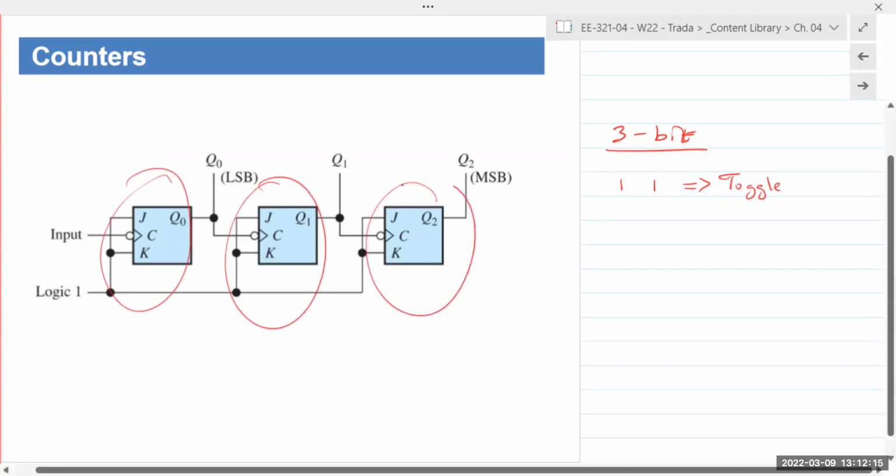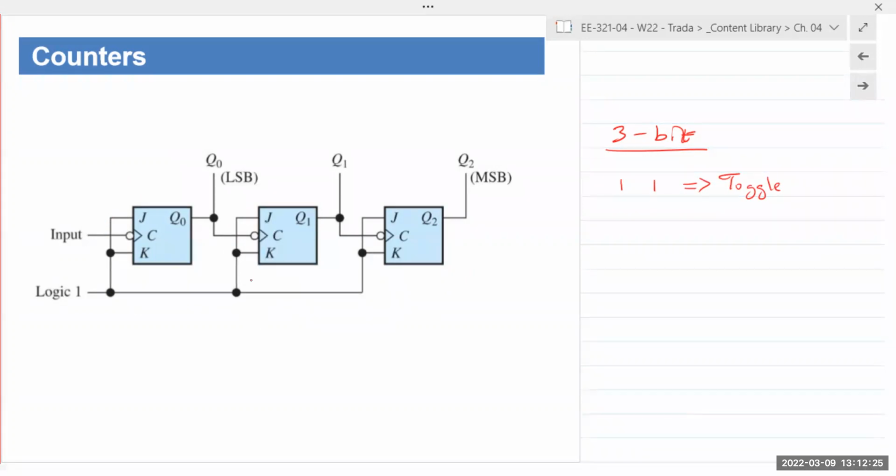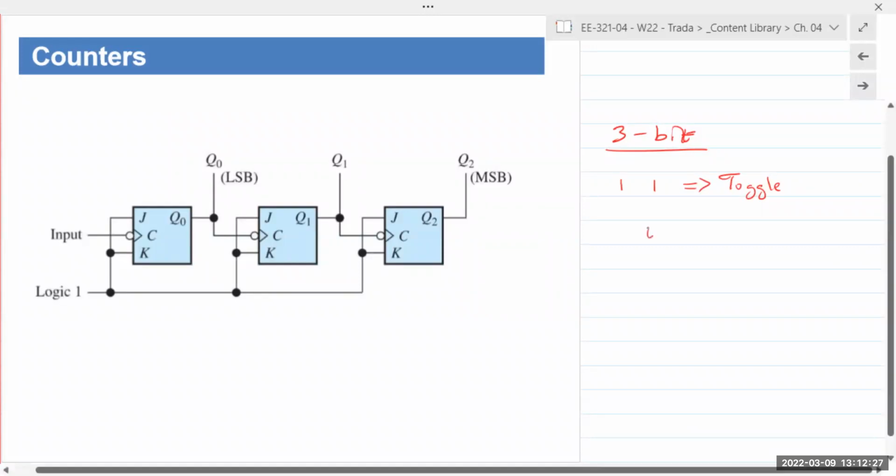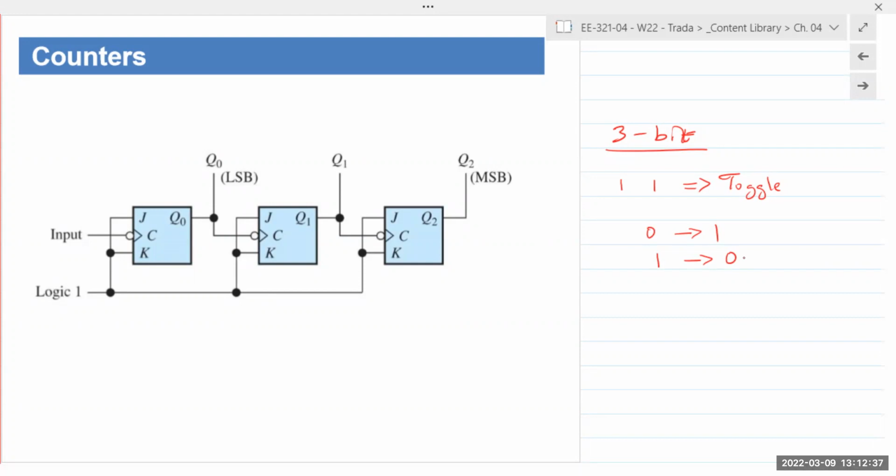So each one of these is connected to logic high or logic 1. That means that the output of each flip-flop is going to toggle from its state. If it was 0, output's going to be 1. If it was 1 previously, output will toggle to 0. This flip-flop is also known as a toggle flip-flop, a T flip-flop.